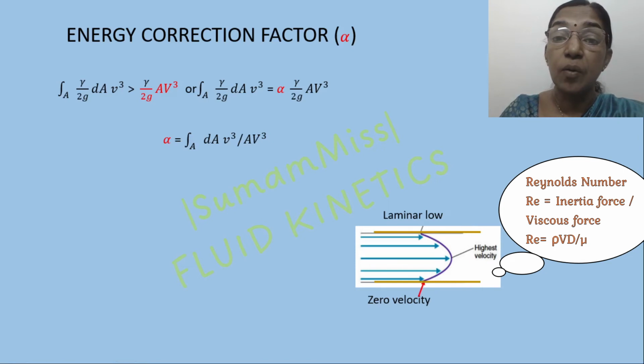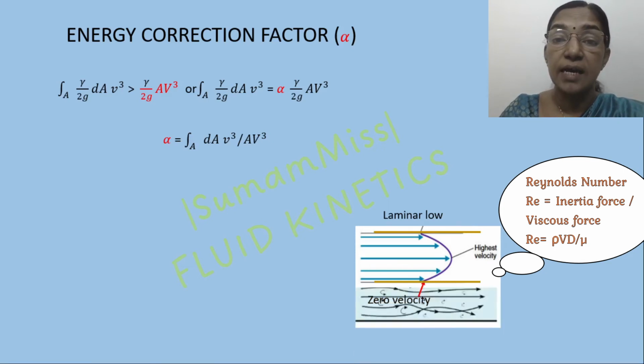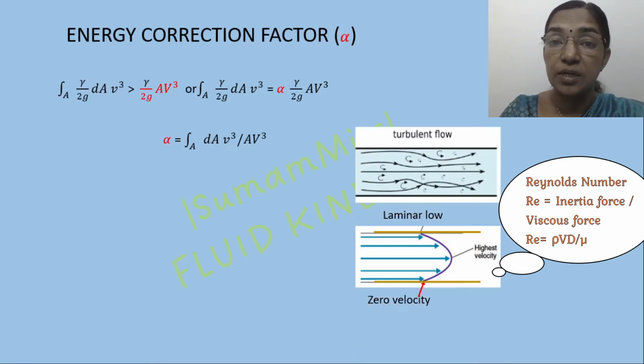Whereas in turbulent flow, the Reynolds number is high, more than 4000. In turbulent flow, the fluid particles move in a random manner, and momentum transfer takes place between the adjacent layers. So there is a good distribution of velocity.